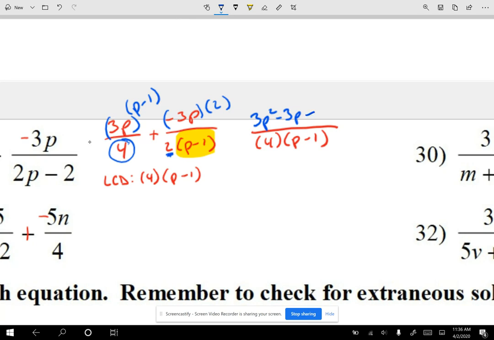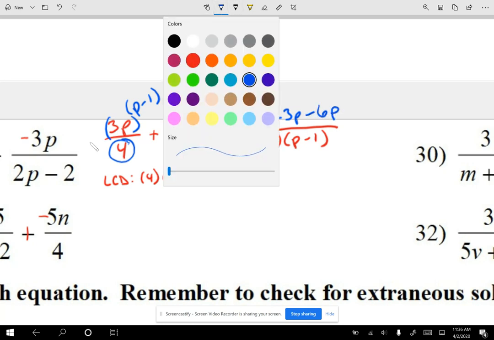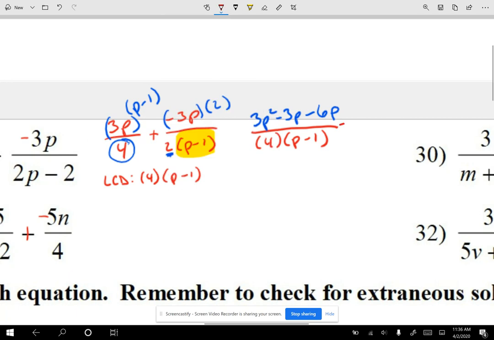From the second fraction, I get minus 6p. So to finish this, I have a 4 and p minus 1 at the bottom. On the top, combine your like terms starting from the highest exponent. So 3p to the second minus 9p.